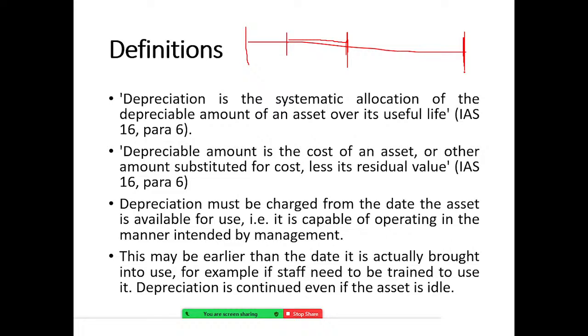So here, when they calculate depreciation, they have to start depreciation from this date, not this date, because the asset is ready to use on this date. So the depreciation should start from the date the asset is available for use.